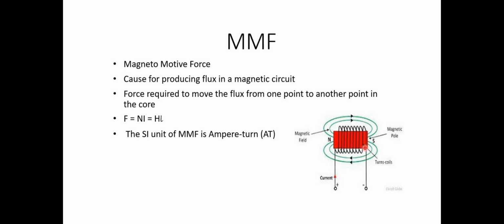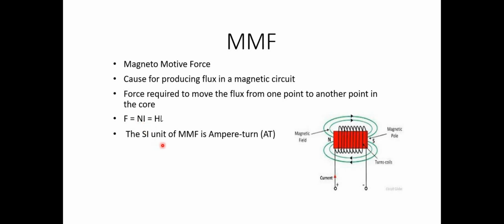N number of turns of coils are wound around the magnet. So MMF is equal to the number of turns of coil into the current passing through it. So N into I. The number of turns of coils is N, and the current is I. So it is NI.